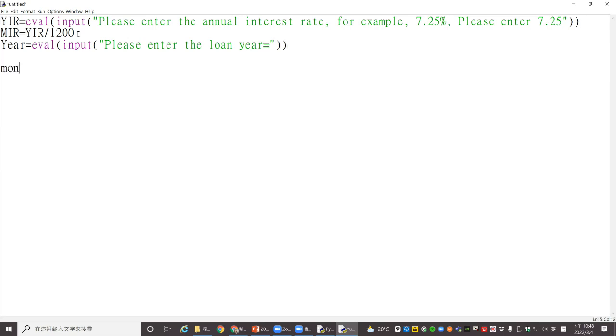So money, total money, maybe just money. We also ask the user and hint it: please enter the loan amount.